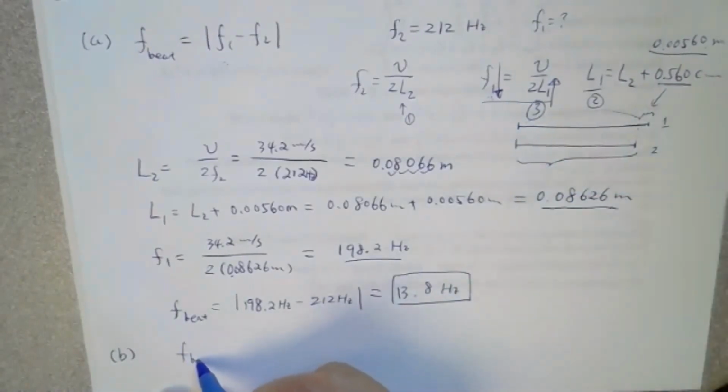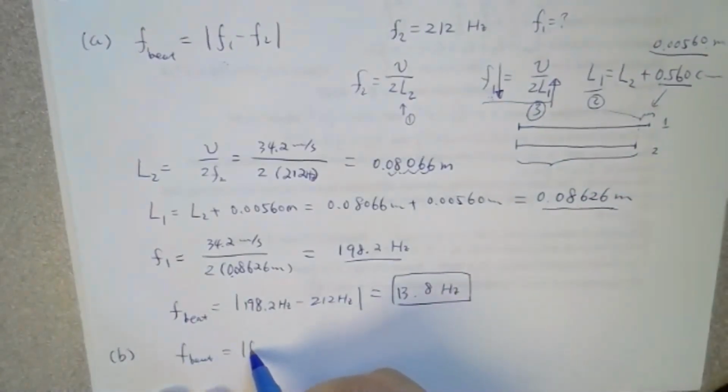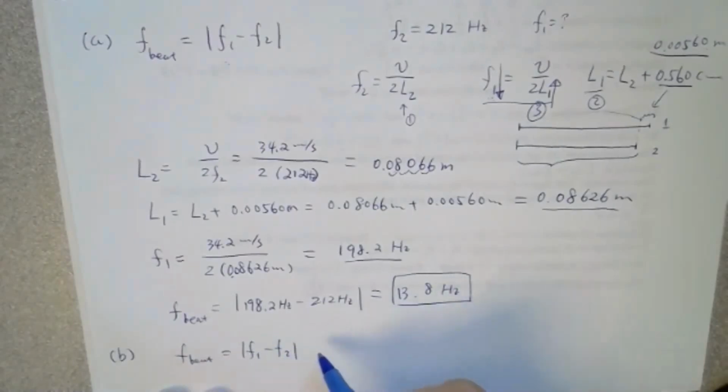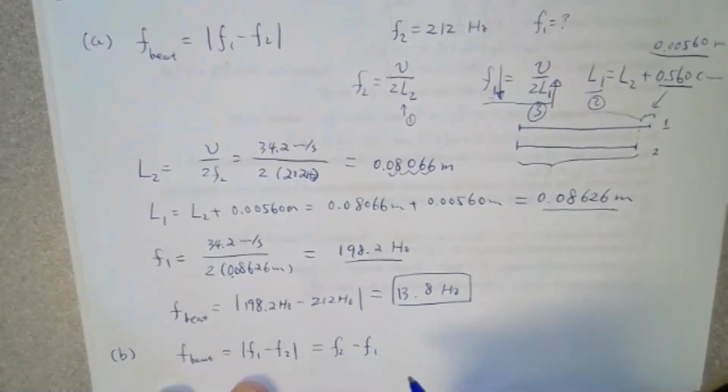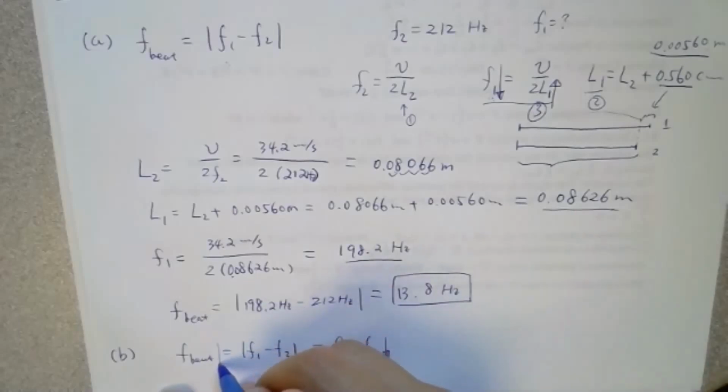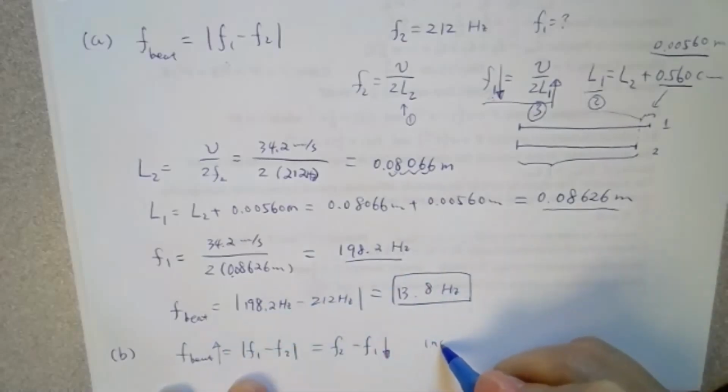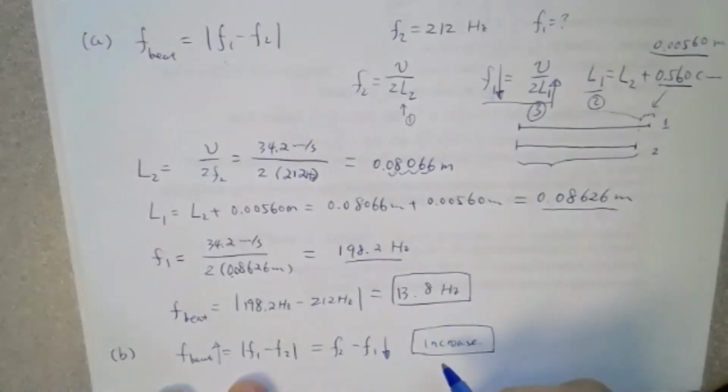Beat frequency in this case is equal to the absolute value of F1 minus F2. We know F2 is the larger one and F1 is the smaller one, so it's F2 minus F1, right? So if F1 decreases, then the beat frequency will increase. So we can rationalize that this will increase, okay?